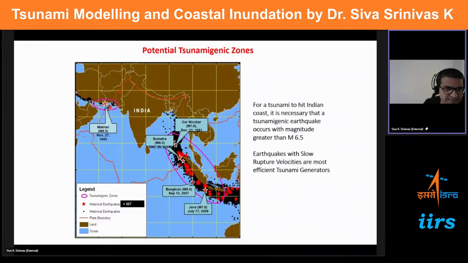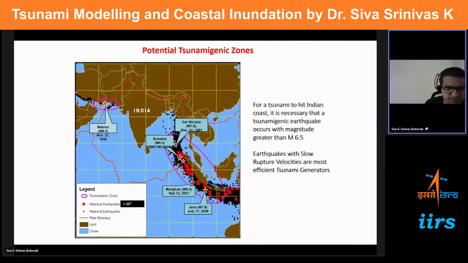This subduction zone, this tectonic plate where there is a possibility of a tsunami-genic earthquake, we call the Makran subduction zone. And this tsunami-genic earthquake zone, we call the Sumatra subduction zone. So the tsunami-genic threat to India comes from the Sumatra subduction zone and the Makran subduction zone.